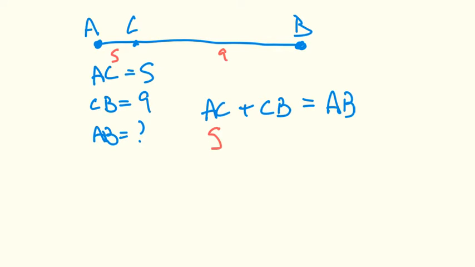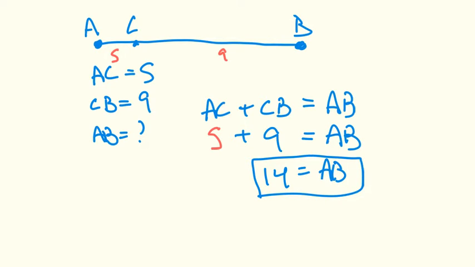We're going to say that CB is 9. Notice again, CB is 9. We're going to put the 9 down here. We are adding them together. Equals AB. 5 plus 9 is 14. Equals AB. And we're done. AB equals 14.